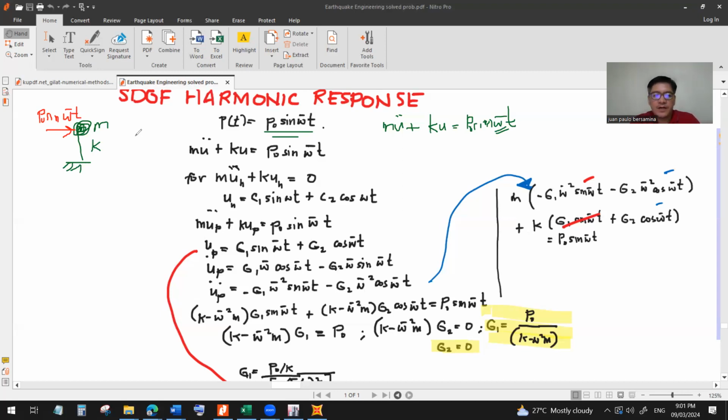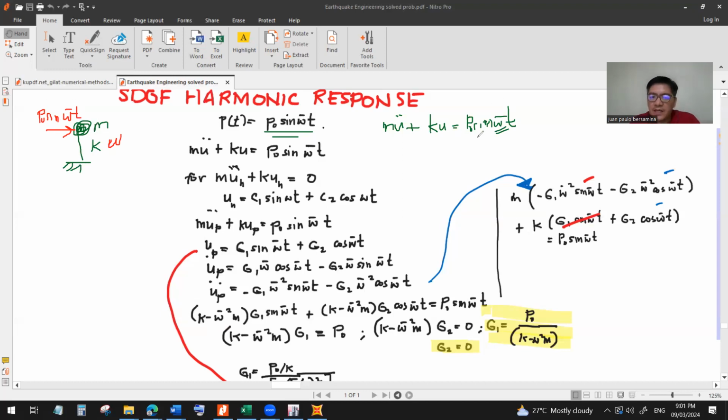For example, M and K, so we call that omega, or the natural frequency. Okay, so we're trying to find the response of this single degree of freedom structure from this harmonic force.